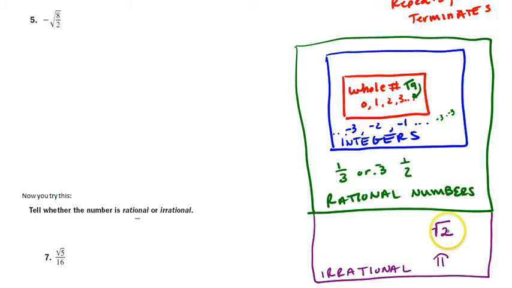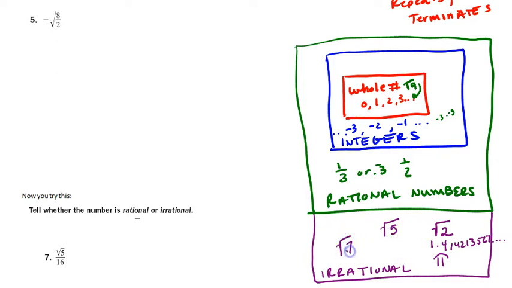So for instance, if I take the square root of 2 and I put it in my calculator, it comes out as 1.414213567, and it goes on and on and on with no pattern, no termination. The square root of 5, not a perfect square, so it's an irrational number.